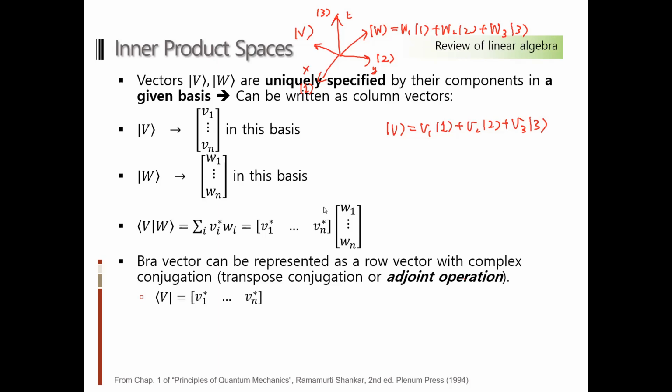In this case, what you should be really careful about is that whenever you are converting the ket vector to a corresponding bra vector, make sure that you take not only the transpose of the matrix, but you should also always take the complex conjugation of each of the individual components.